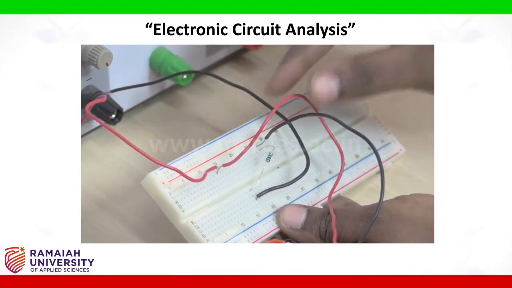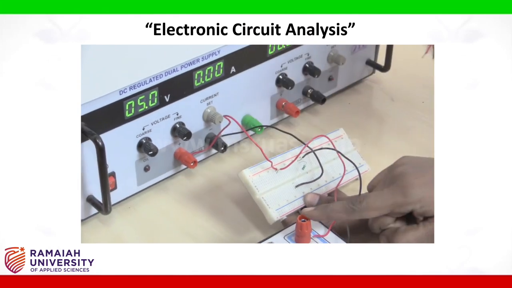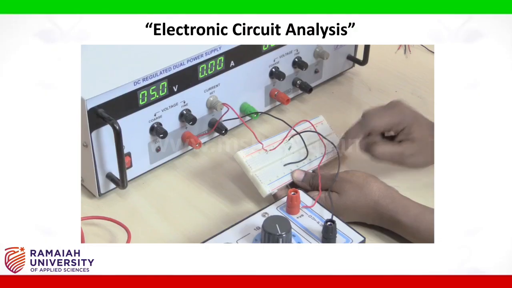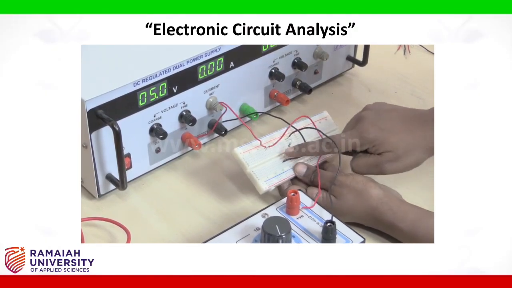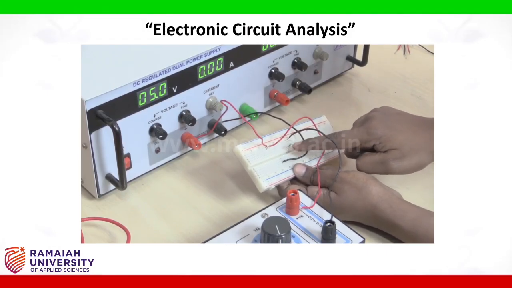Now we have source, then DRB, then load resistance. We are measuring now voltage across the load and current flowing in the load.